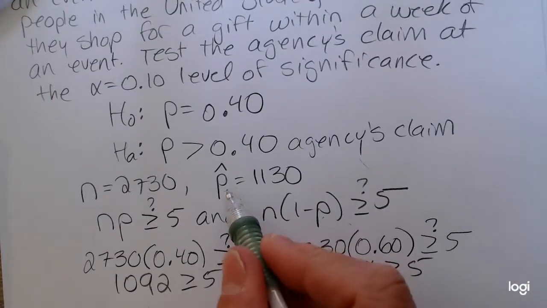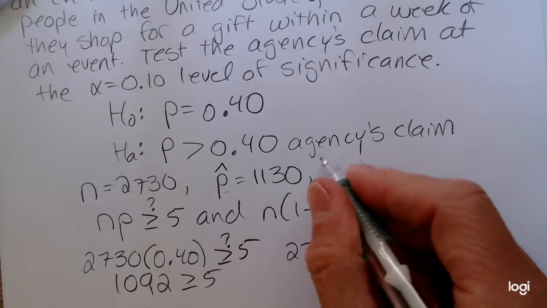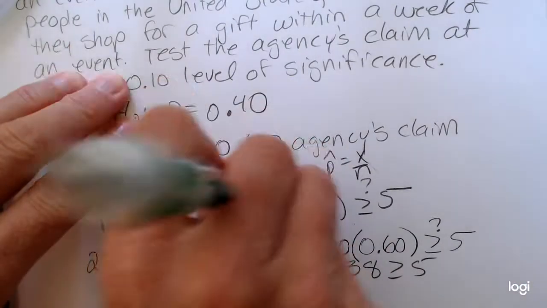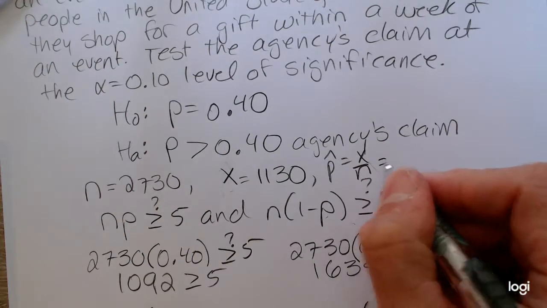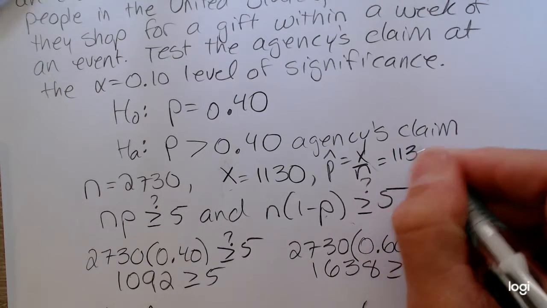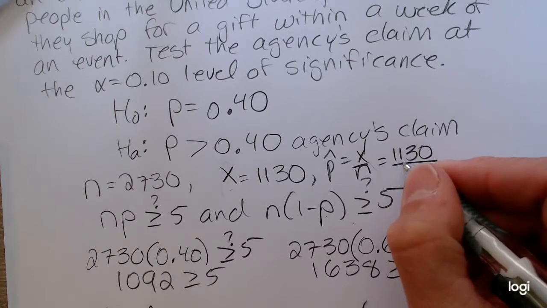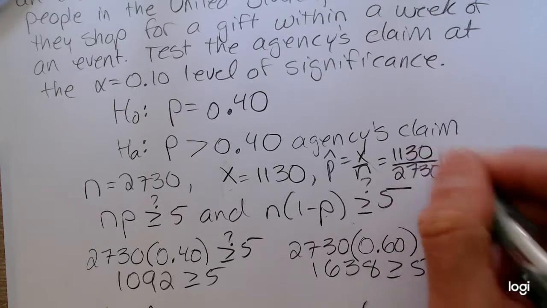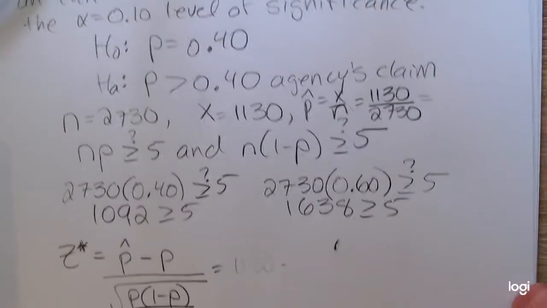This is not p hat, sample proportion. P hat is equal to x over n, where this is x. My apologies. So p hat is going to be 1,130 over the sample size. So we need to write that sample success in terms of a sample proportion. Again, I apologize for that.